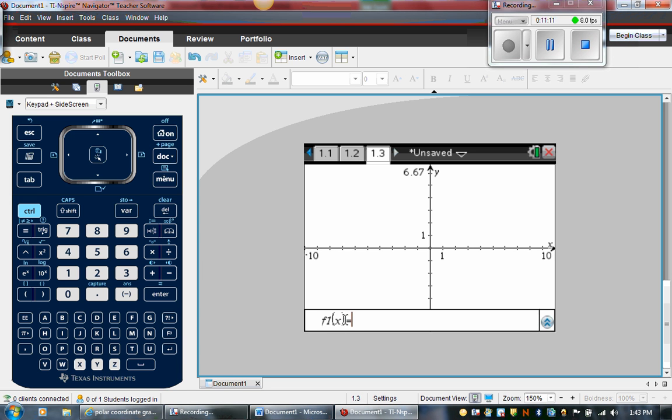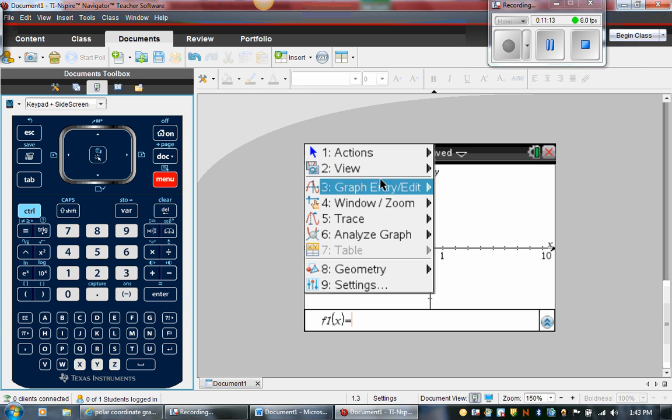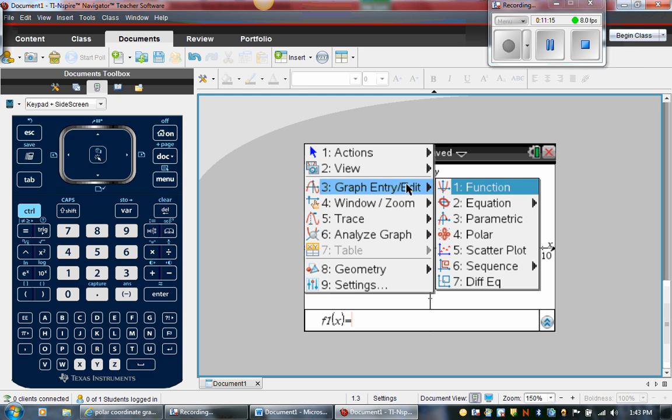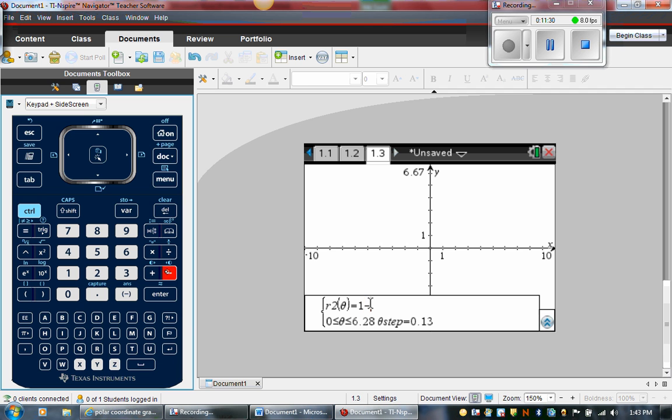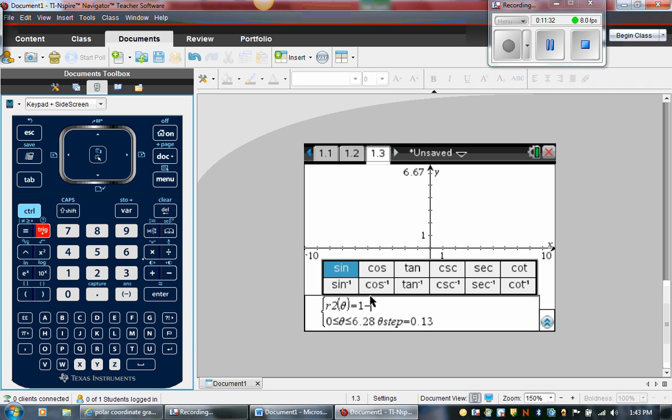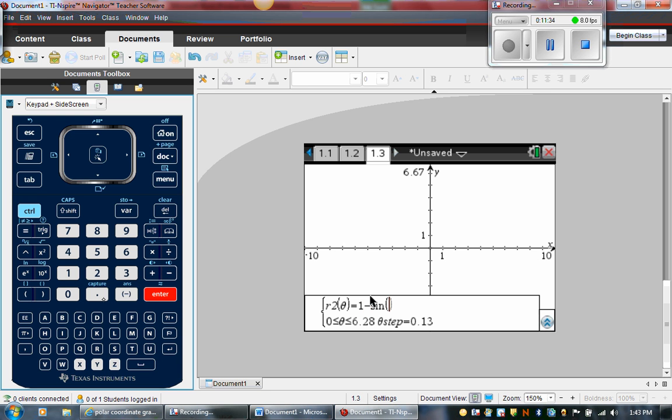What we're going to do, in menu, go to graph, edit entry, and polar. Now you see you will get an equation. Let's say r of theta. It's like saying f of x, except it's in polar. R equals something in terms of theta. What is it? In this case, we have 1 minus sine of theta.